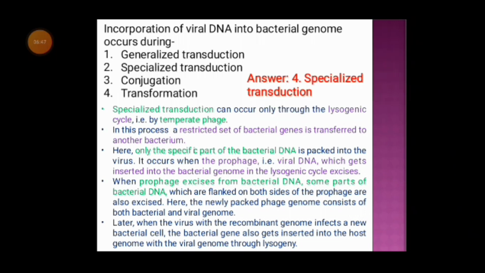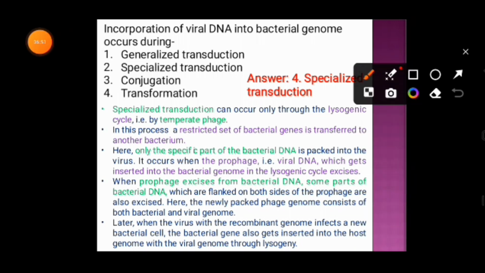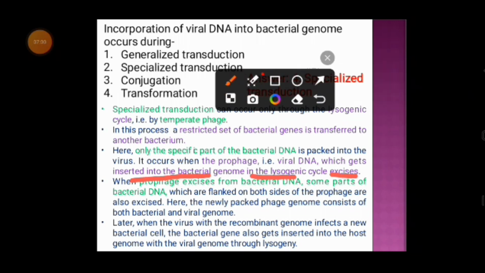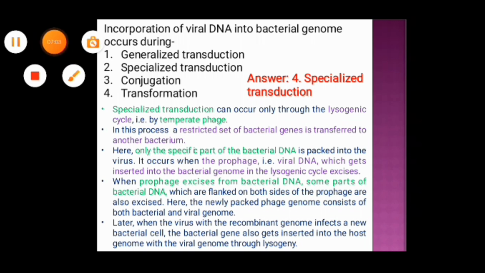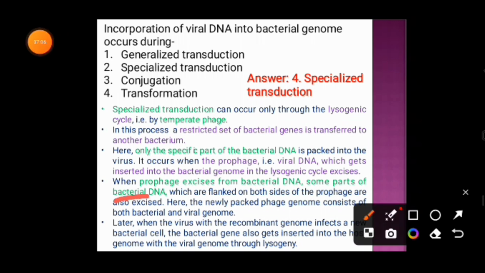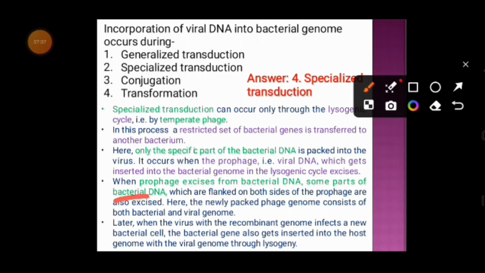It occurs when the prophage, that is the viral DNA which gets inserted into the bacterial genome in the lysogenic cycle, excises. When the prophage excises from the bacterial DNA, some parts of the bacterial DNA which flank both sides of the prophage are also excised.